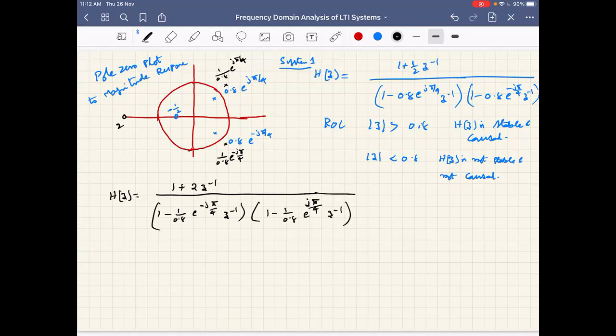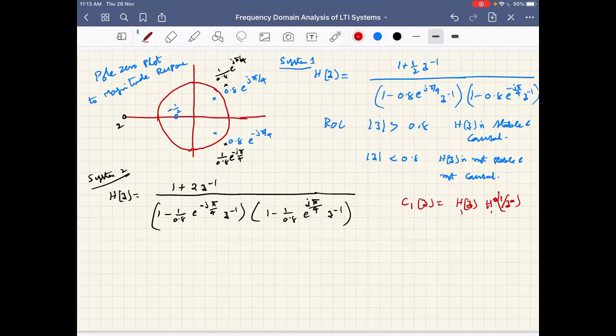For each of system 1 and system 2, let us write the magnitude response. Let us define C1 of Z, the magnitude response, as H of Z into H star of 1 by Z star, as we have previously seen.